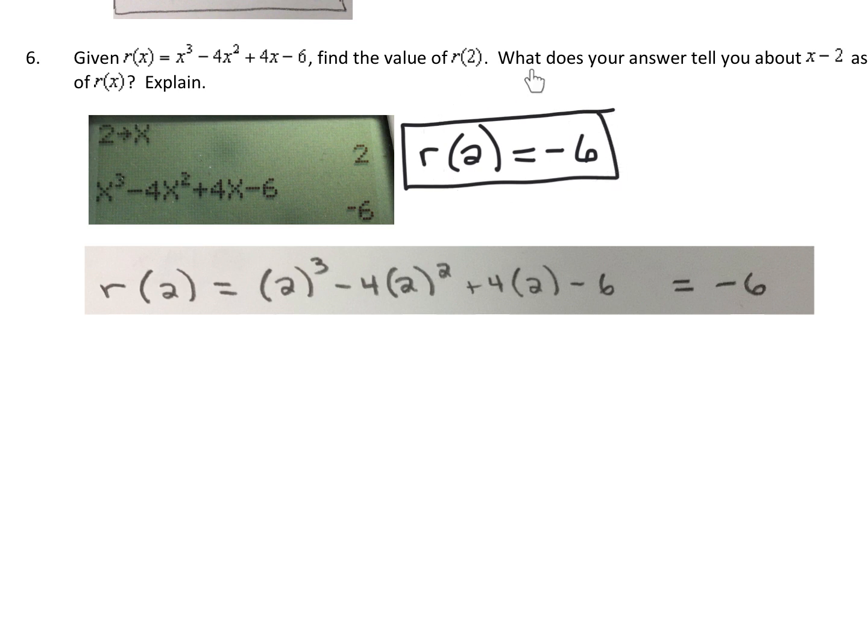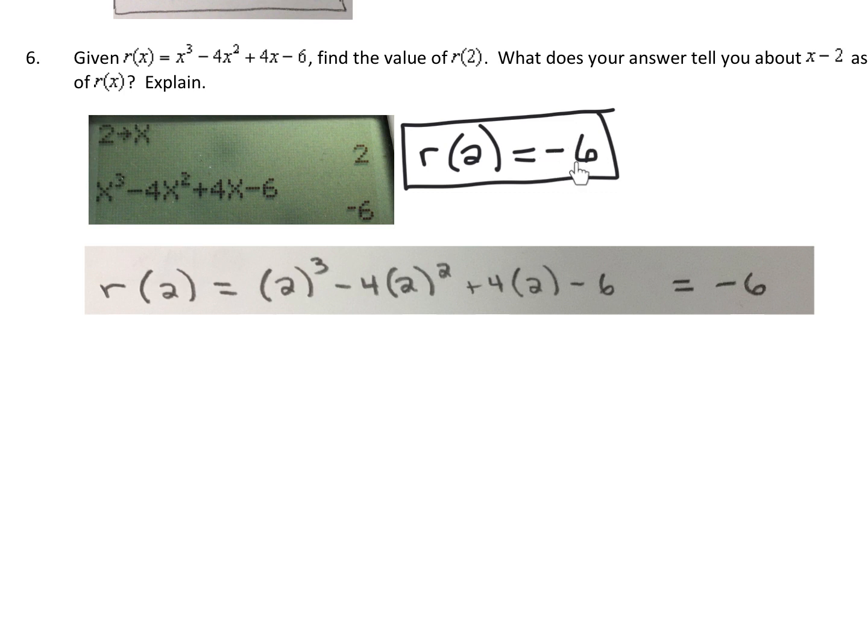Okay, now, what does your answer tell you about x minus 2 as, it's kind of cut off, but a factor of r of x? Explain. Well, what this means is when we plug 2 into this function, if x minus 2 were to be a factor, then r of 2 would be a 0. This would be equal to 0.